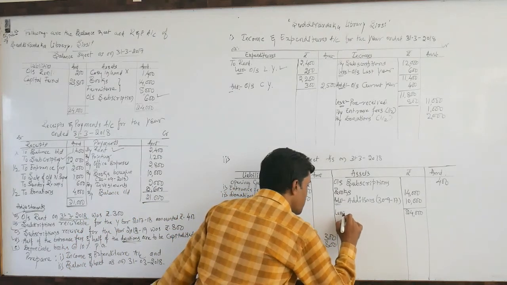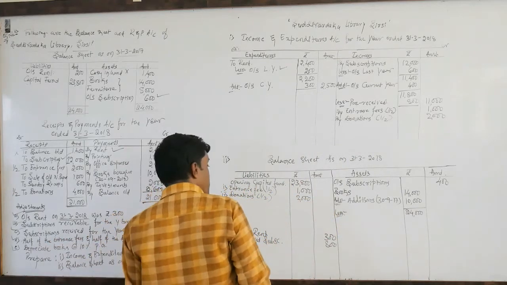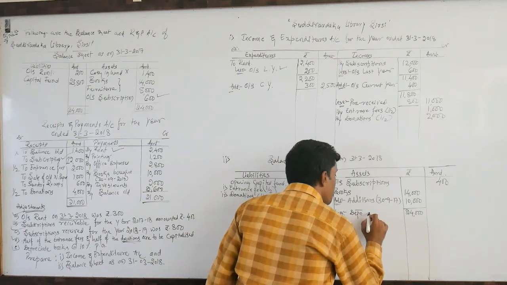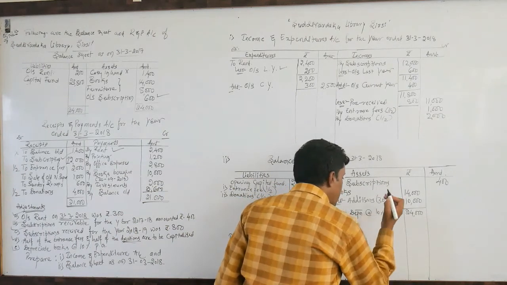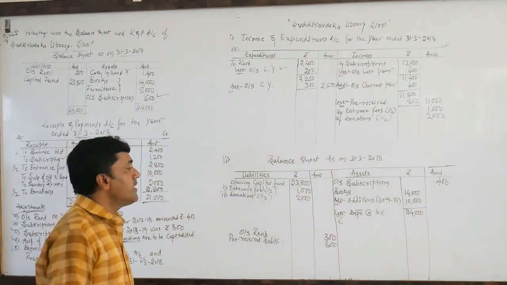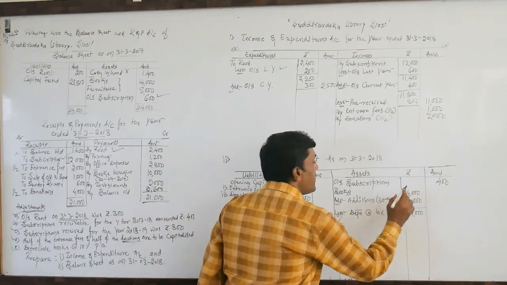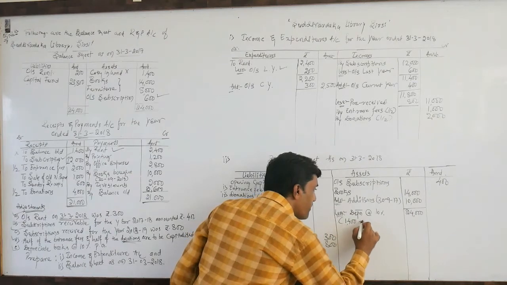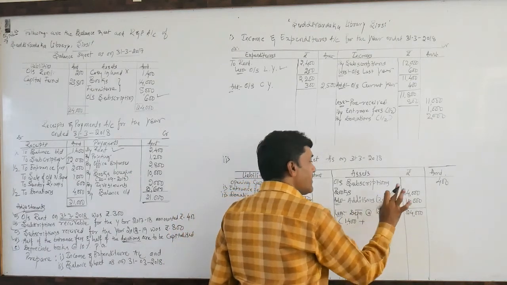depreciation. Less, so you can see in the adjustments, last adjustment, depreciation at 10%. I have already explained this depreciation. So 10% on 14,000, 1,400, plus 10% on 10,000 means 1,000.